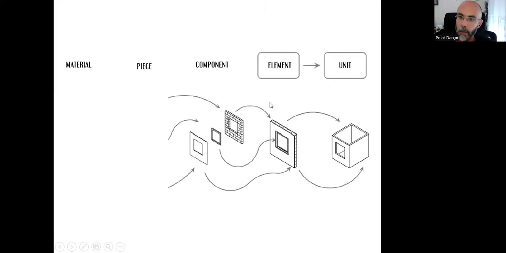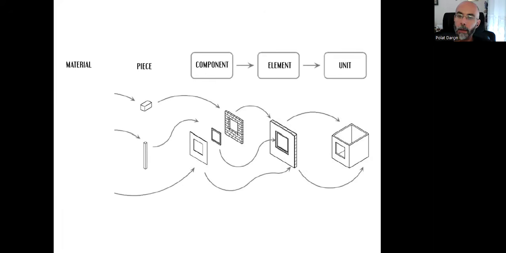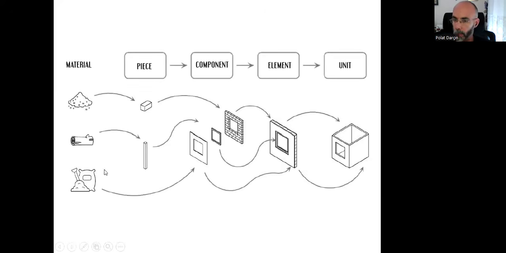And in the other level, we are going to see the components. In order to create an element, we need different components, like this brick, wall structure, window, or wall covering. When we gather all these different components together, we will have elements. And in order to have a component, we either need pieces or materials.